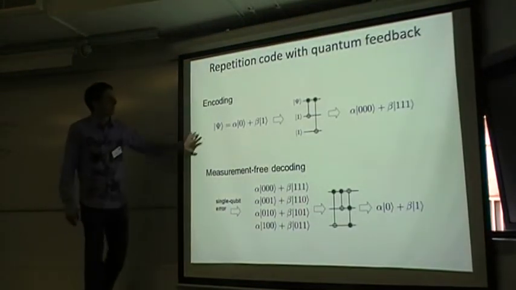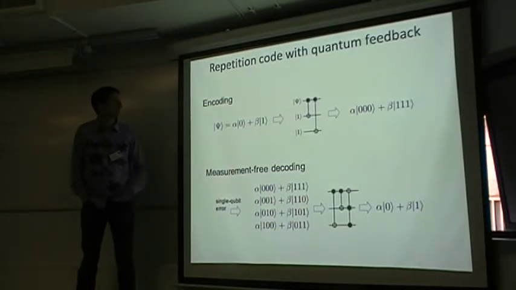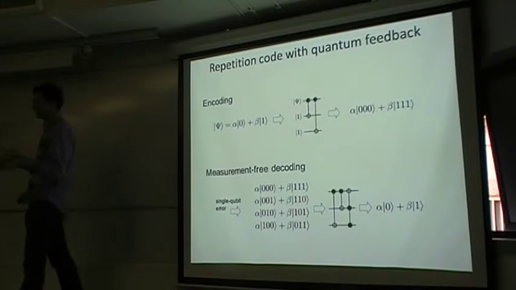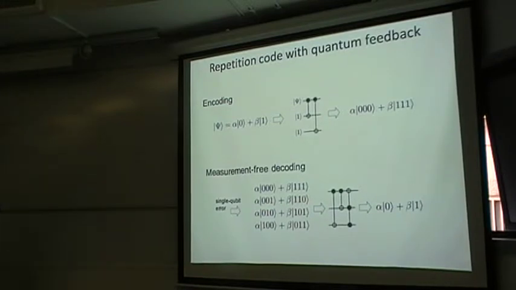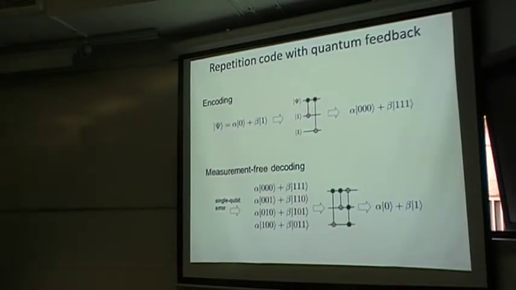Okay, so the main thing that we did there was just a standard repetition code. It's just 3 qubits, so it's probably not very useful for quantum error correction, because such a code can, for example, only correct for a bit flip or a phase flip, but not for both.